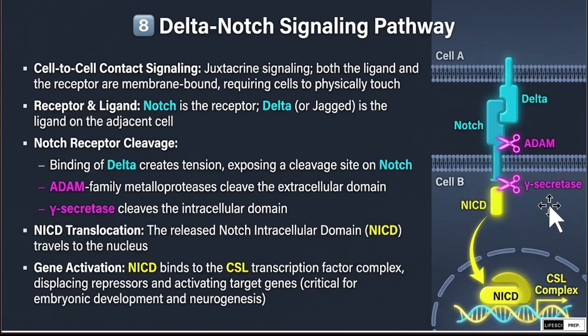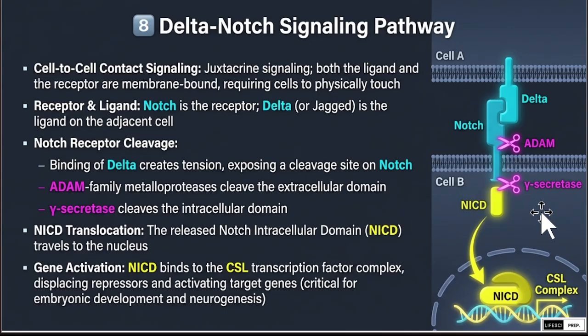After Notch and Delta bind together, the cleaving site of Notch is exposed, and after the exposure of that cleaving site, the ADAM family metalloprotease cleaves the extracellular domain, and gamma secretase cleaves the intracellular domain.